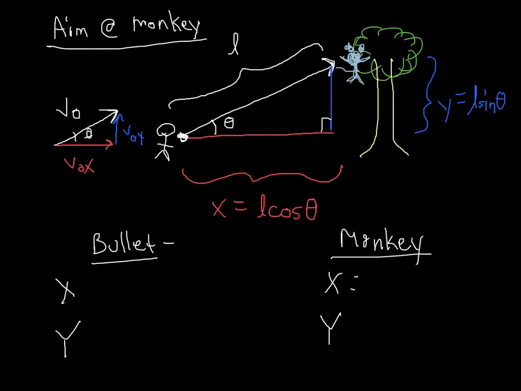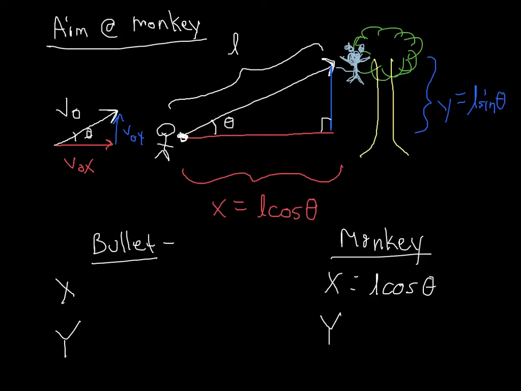Relative to our initial position, the position of our hunter right here, we know that the monkey is a distance X away, so we could right away say that the X position of the monkey is L cosine of theta if we want, but we don't have to, not very important.